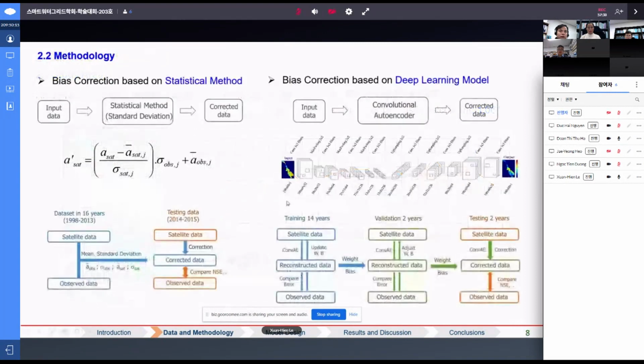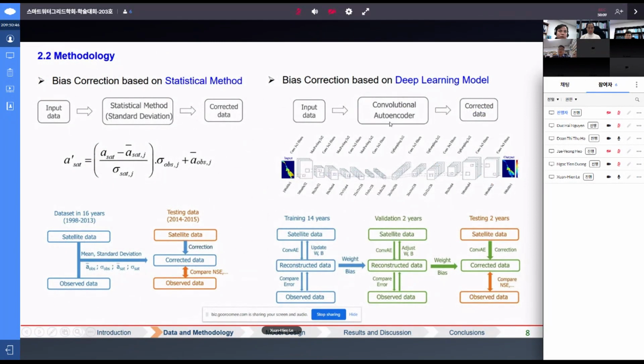And the next is I will introduce my methodology. For this presentation, I will propose two methods. The first method is bias correction based on a statistical method, and the second is based on a deep learning model. The statistical method is based on the standard deviation equation you can see on the slide.